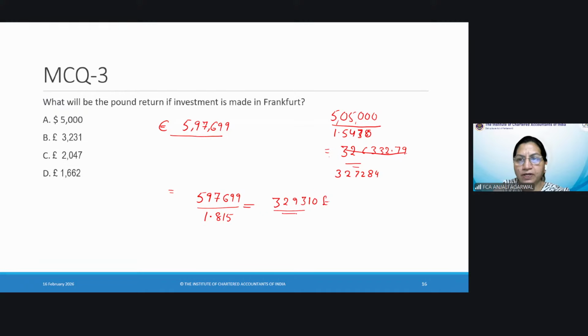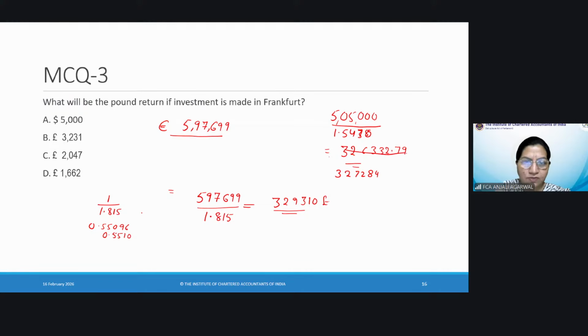Now, one important thing is that if you use 597,699 divided by 1.815, you get this answer 2025. Whereas if I use the rate 1 upon 1.815, so 1 divided by 1.815, this gives me 0.55096 and rounded off, 0.5510.